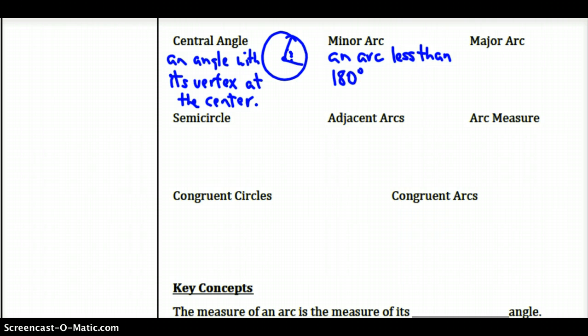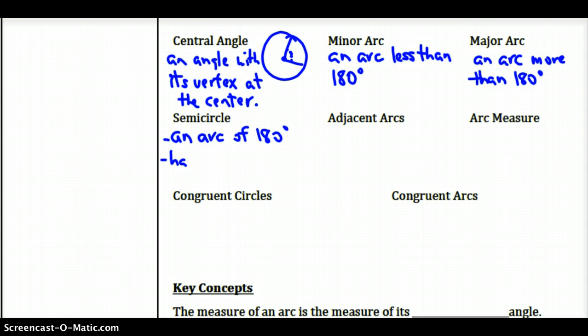A major arc, as you would guess, would be an arc more than 180 degrees. And a semicircle, which many of you already know, is half a circle. An arc of 180 degrees, and we're going to also say that it's half the circle.